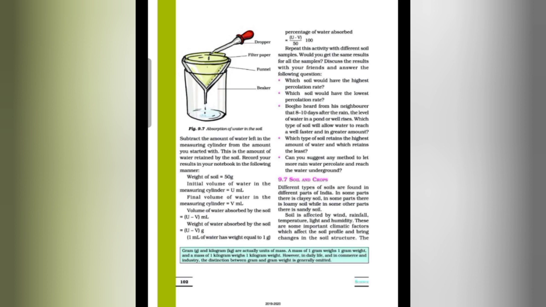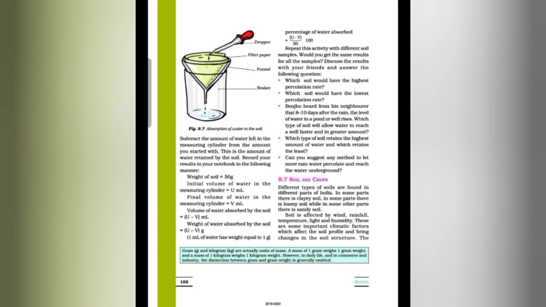Then we apply the formula for the percentage of water absorbed by the soil: weight of water absorbed by the soil divided by weight of soil taken, multiplied by 100. The weight of soil taken is 50, so (50 minus x) divided by 50 gram, multiplied by 100, gives the percentage of water absorbed by the soil.